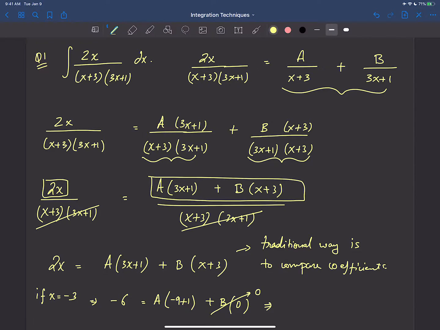So this equation could be simplified to -6 equals a times -8, right? And from this, you can say a is nothing but 3 over 4. And that's how you solve a.